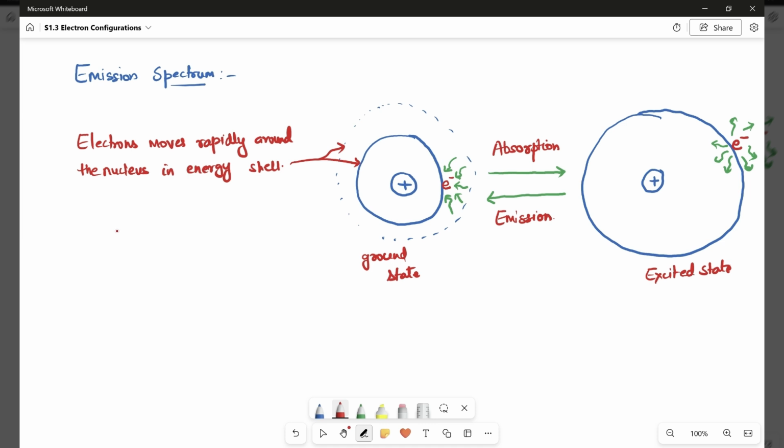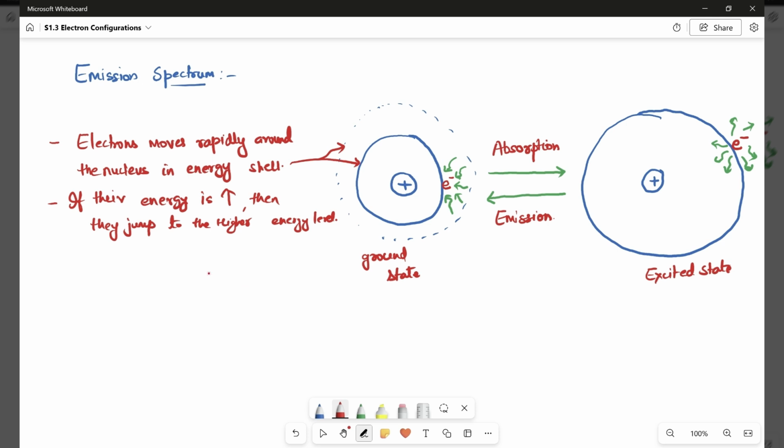If their energy is increased, the electron jumps from one orbit to the next, right? The arrow up shows increase. So if their energy is increased, they jump to the higher energy level.